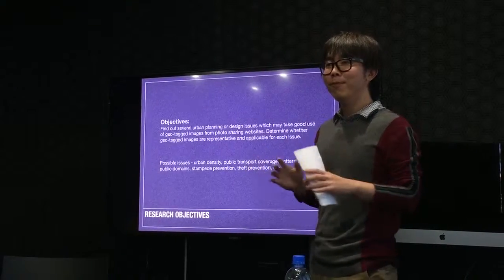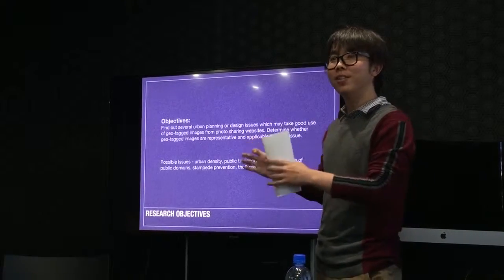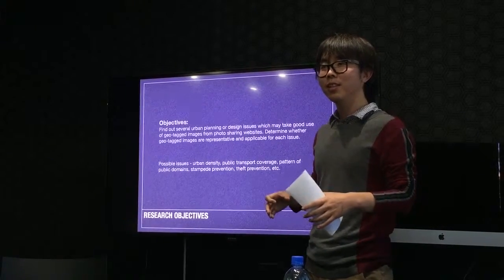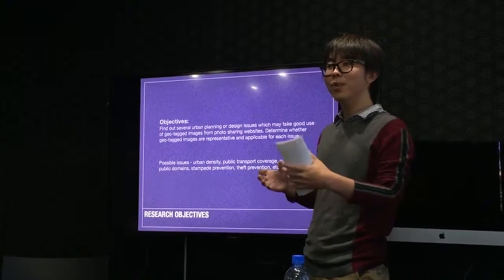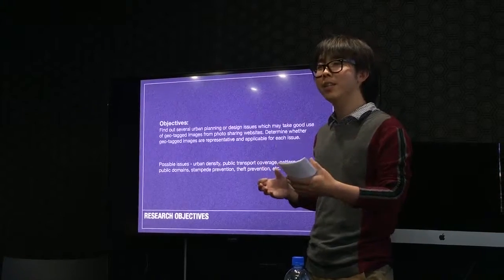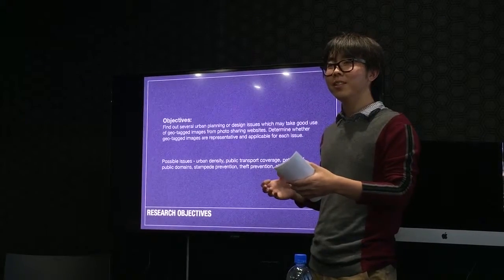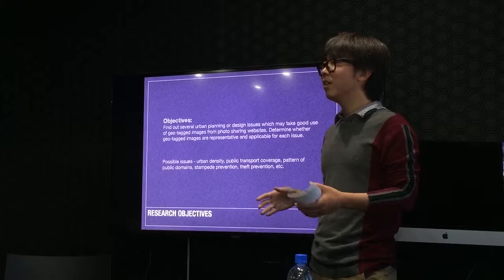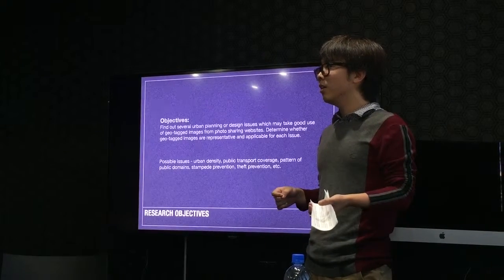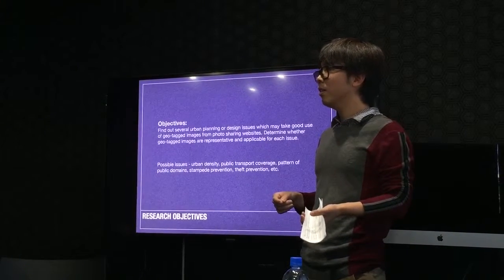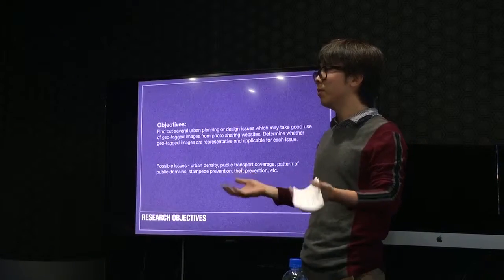Yeah, but I can't find images taken in Sydney, because the data were provided by a research group and they do not have data of Sydney. So you're using publicly available data on the MIT website? Yeah, the data is open to the public.